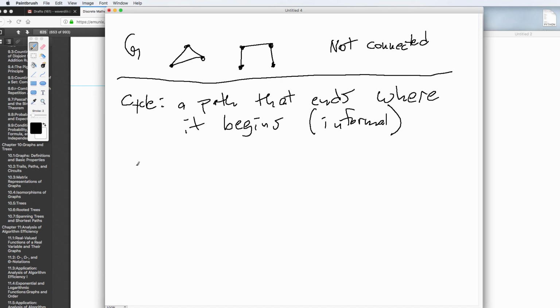So for example, here's a graph G, and I say to you, is there a cycle in this graph? And the answer is yes. Right here, I can see that there's a cycle. There's a path that takes me right back to where I begin.